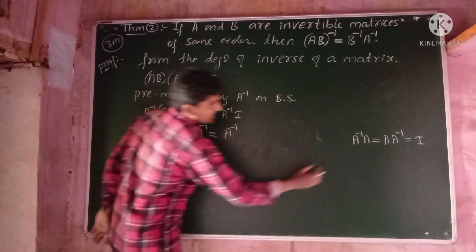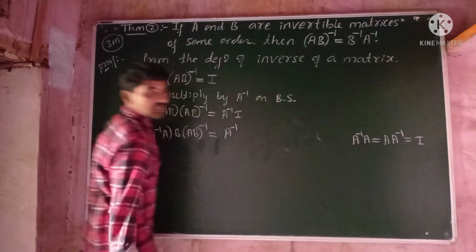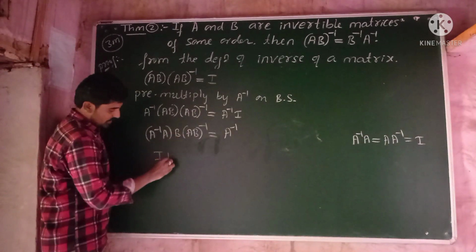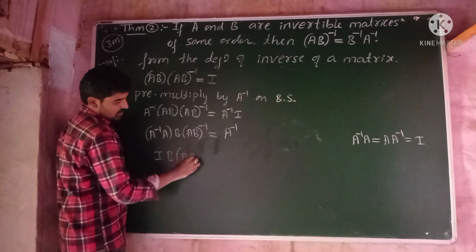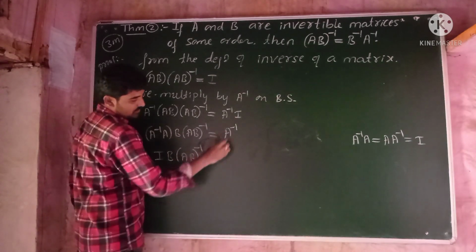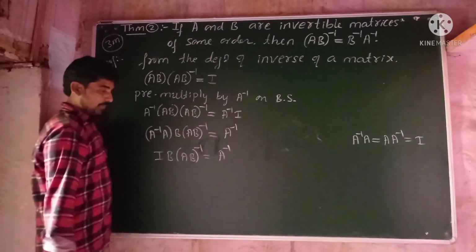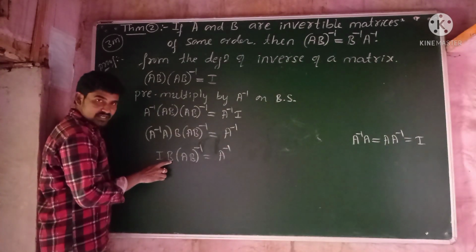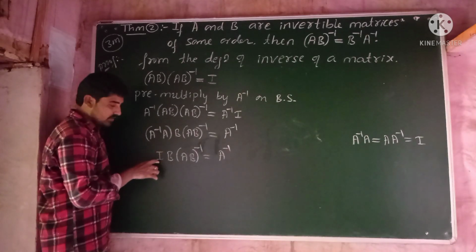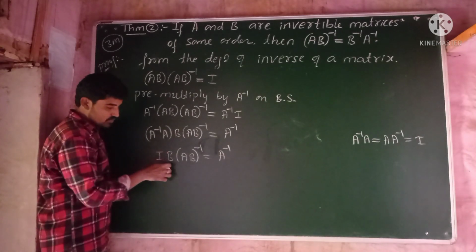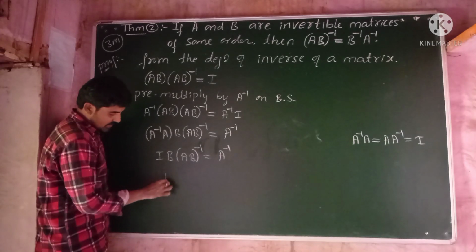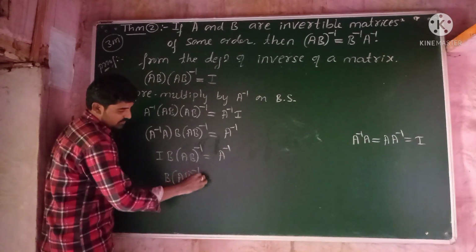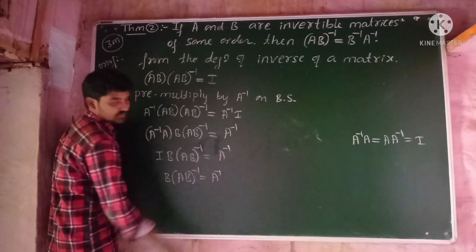We know that A inverse into A matrix is equal to what? I matrix. Therefore A inverse into A, I into B matrix into AB inverse is equal to A inverse. And now I into B matrix, if I multiply matrix B with I or I with B matrix, the answer should be equal to B matrix. Therefore I into B matrix is B into AB inverse is equal to A inverse.